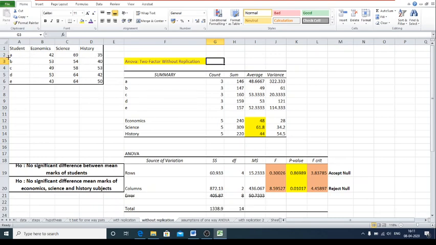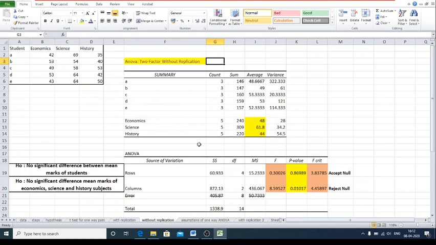Row wise the marks of student is given, column wise marks in subjects is given. Since the information is students and subjects, it is a two-way or two-factor ANOVA. Without replication means there is no repetitive information for a particular student, hence it is without replication.